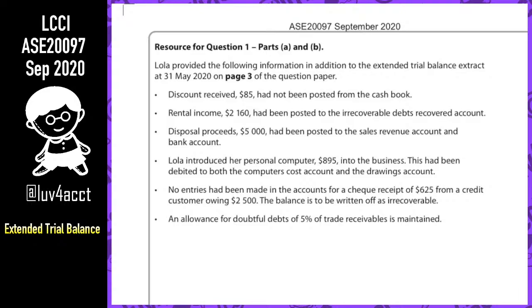So it means that it is in the cash book but not posted. But then that will affect both our trade payables. Discount received is from suppliers, and also the discount received account.